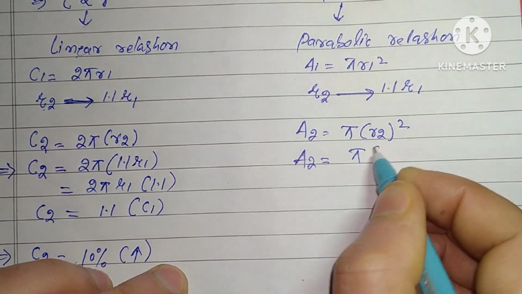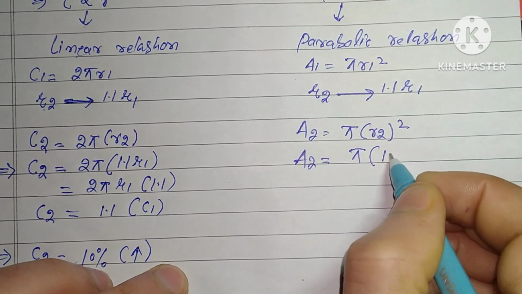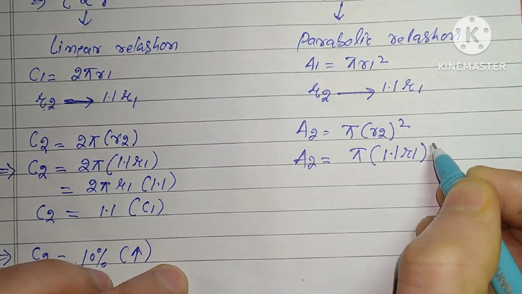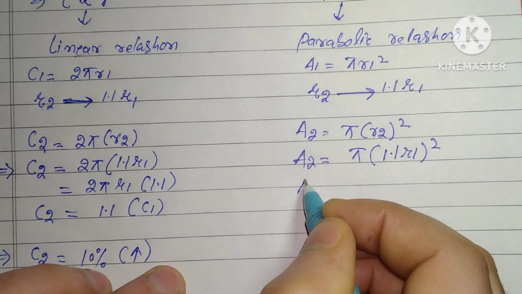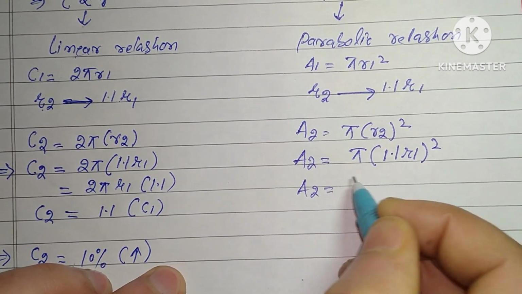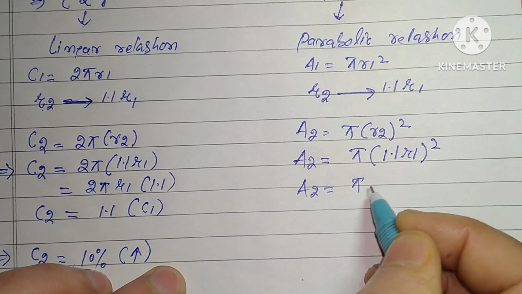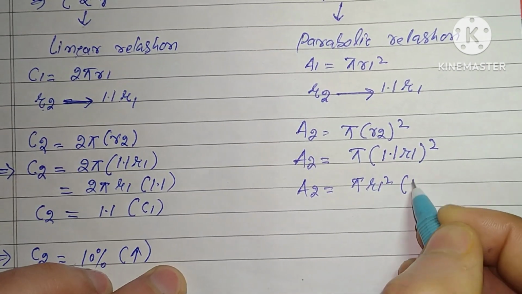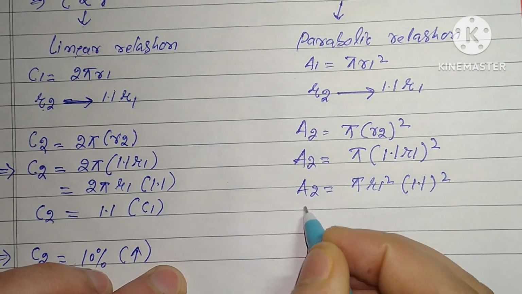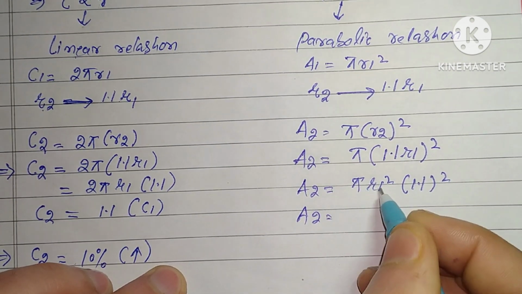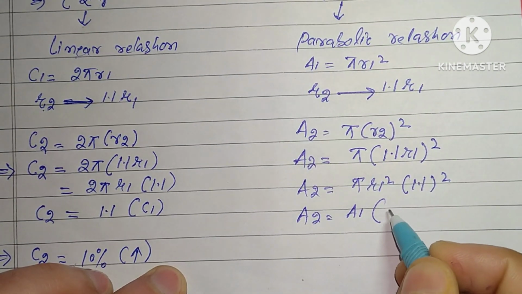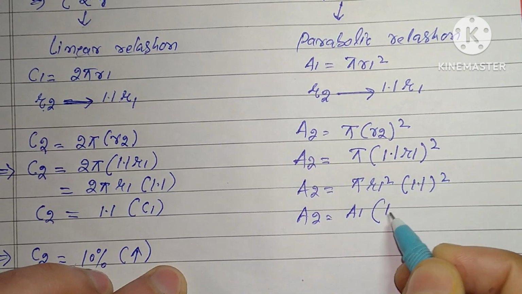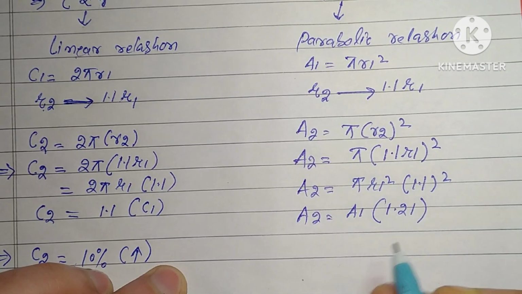A2 is pi r2 square, where r2 is 10% more than r1. Therefore a2 will be pi r1 square times 1.1 square. Pi r1 square is a1, the original area, and 1.1 square is 1.21.